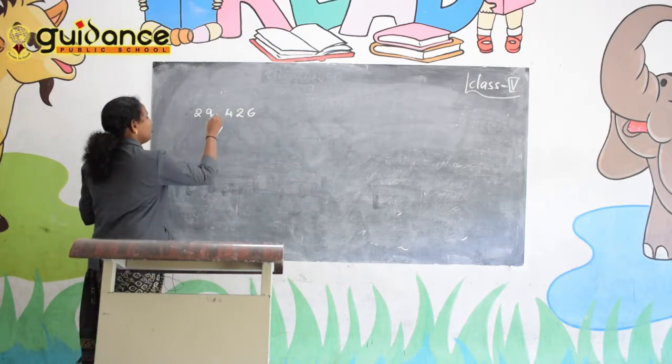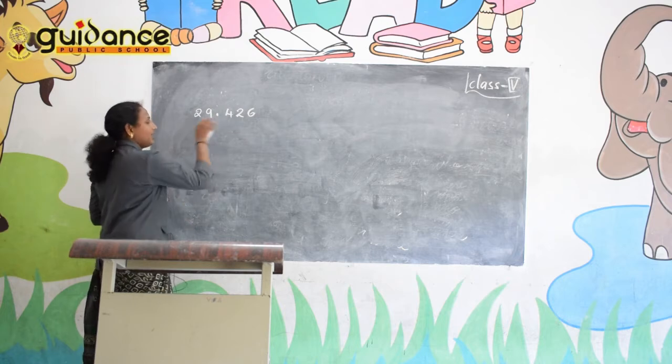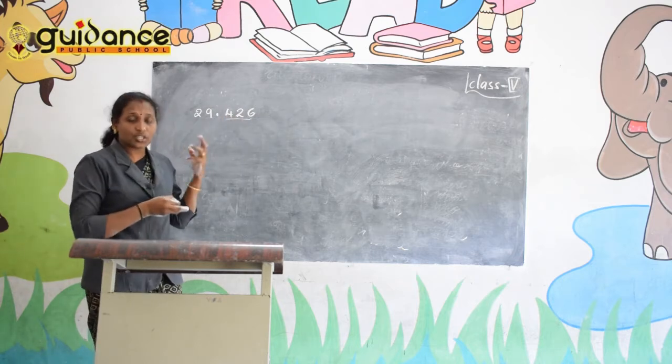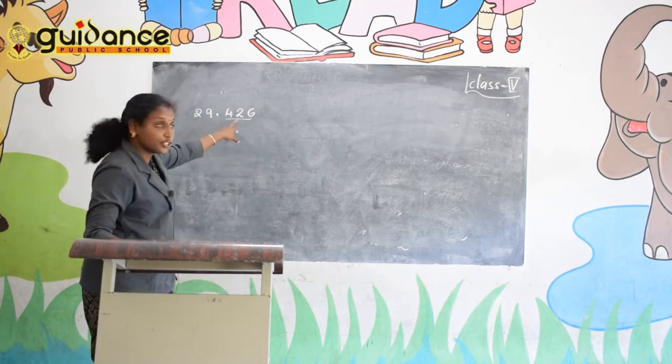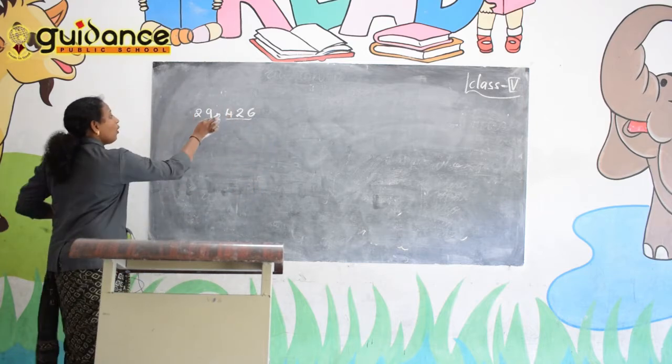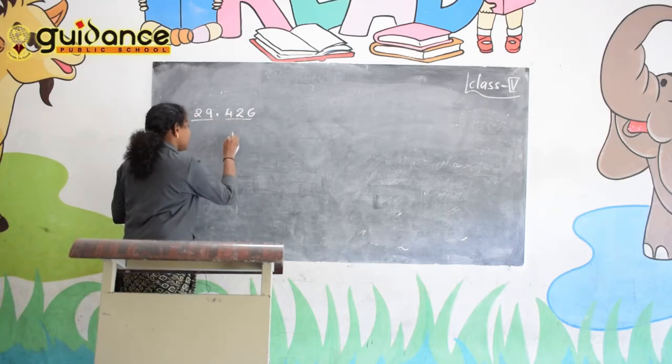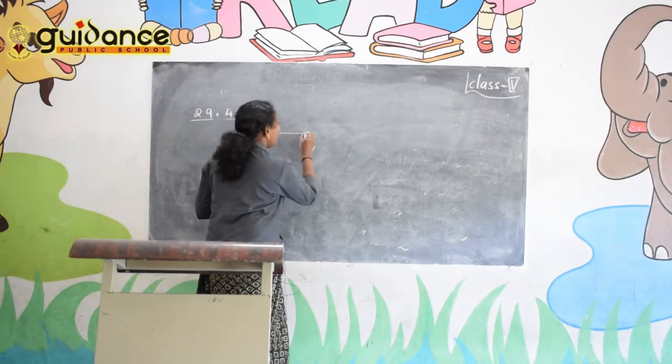First we look at the decimal point. After the decimal point, the fractional part has 3 digits and the whole number part has 2 digits. So first we have to draw the table.